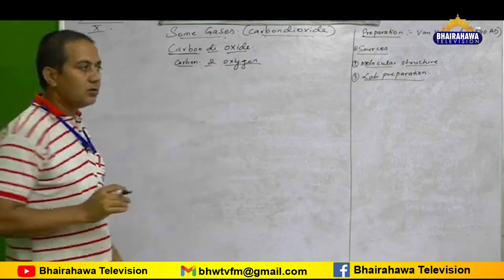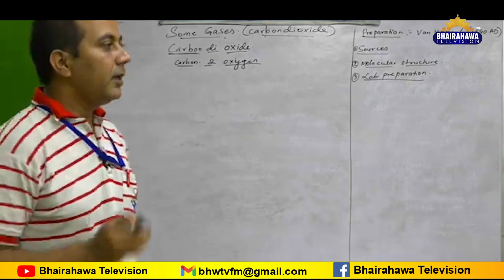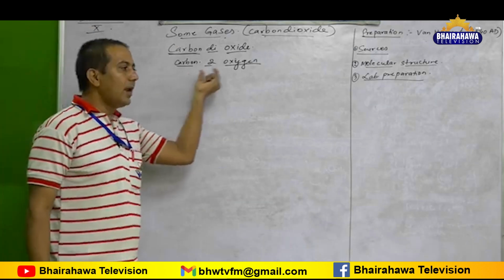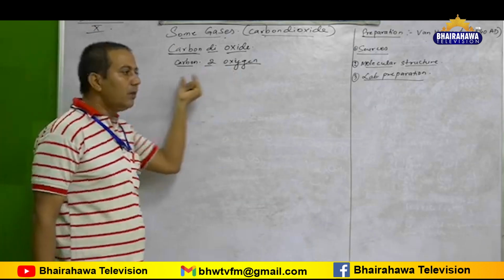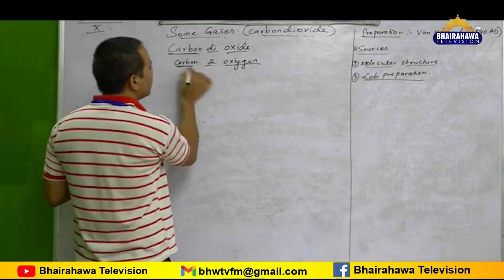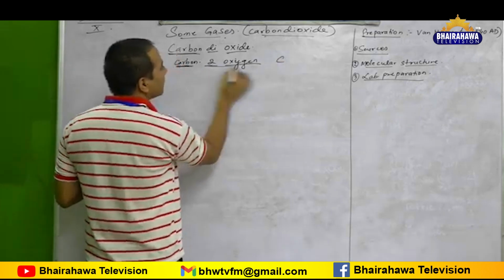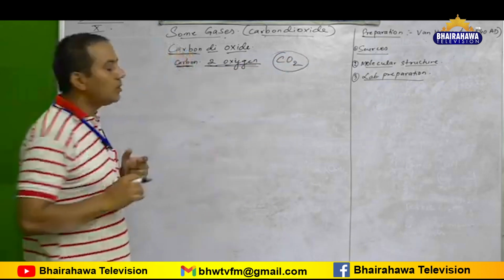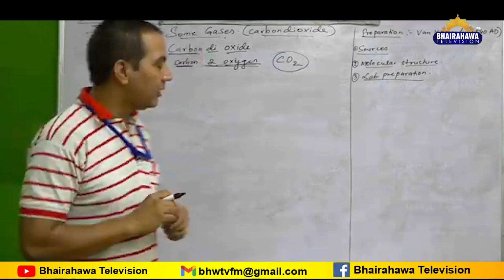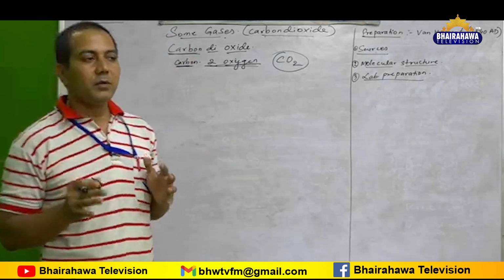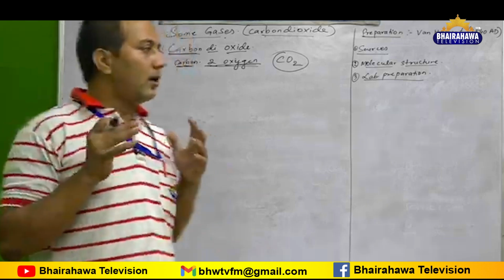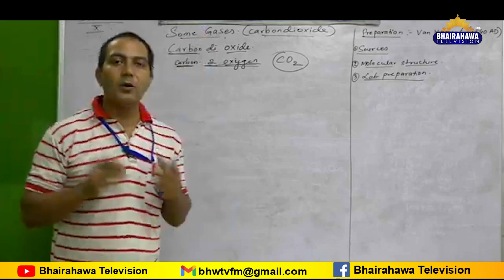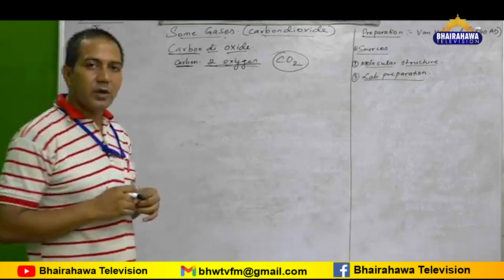From its name it is clear that it is formed by the combination of carbon and oxygen, in which carbon is 1 and dioxide means 2 oxygen: CO2. This is the molecular formula for carbon dioxide. So carbon dioxide is the compound or gas formed by the combination of carbon and oxygen.